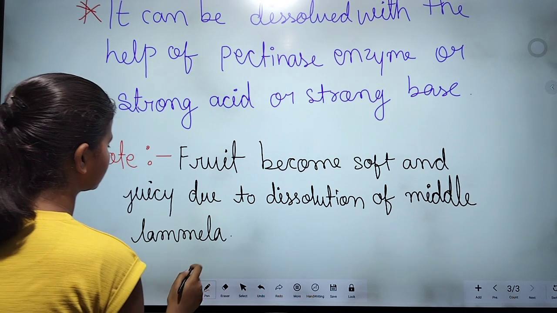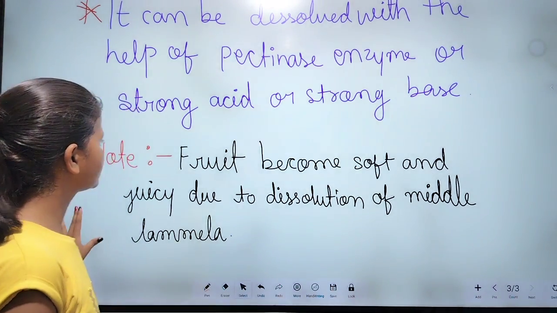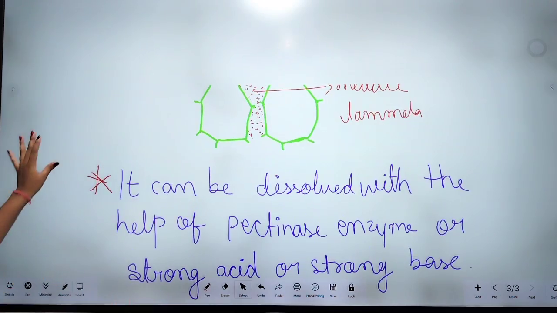Okay, so this is our note point that the fruit becomes soft and juicy due to dissolution of middle lamella. This is all about middle lamella.